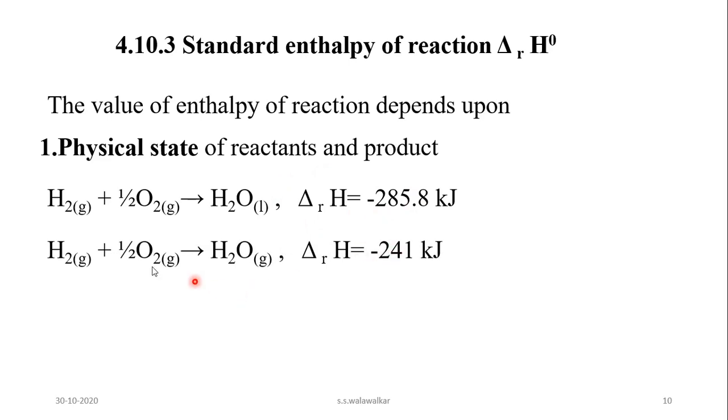See here, hydrogen in a gaseous state, oxygen is also in a gaseous state, but water is formed in a gaseous state, not in a liquid state. Then delta HR is minus 241 kilojoules. So both these reactions indicate that physical state of reactant and product affects the value of enthalpy of reaction.